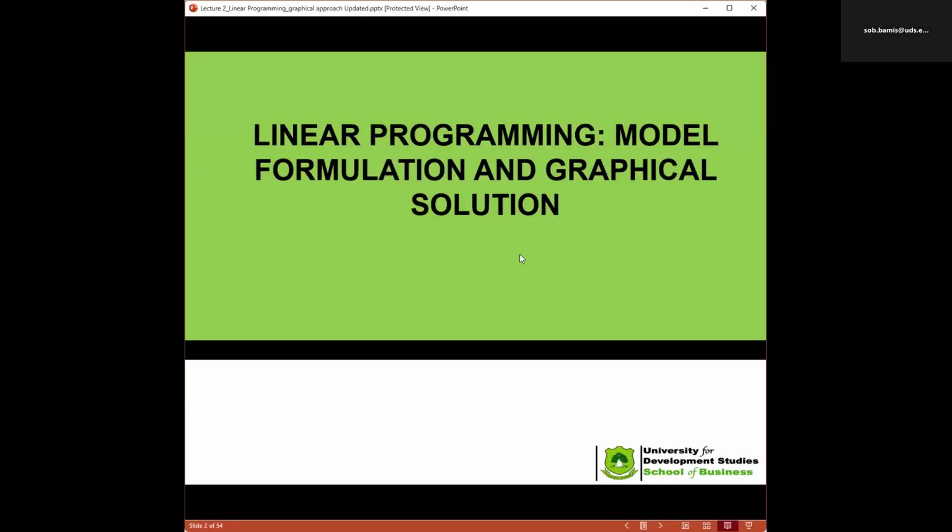Mathematical through graphical solution. Let's read the computer solution. But for today, the focus will be on mathematical and graphical solution. And this has it. Okay. Don't say that it's not coming.